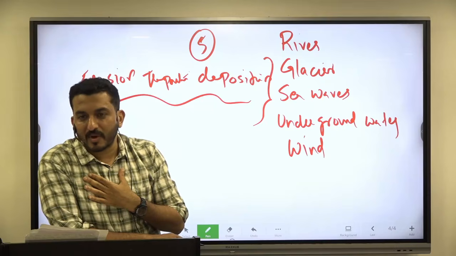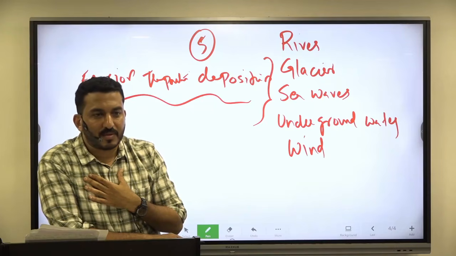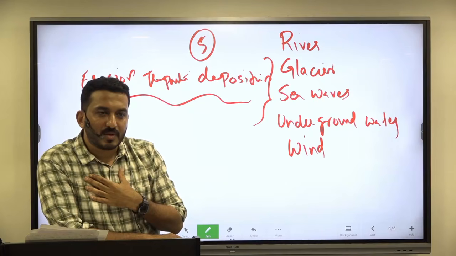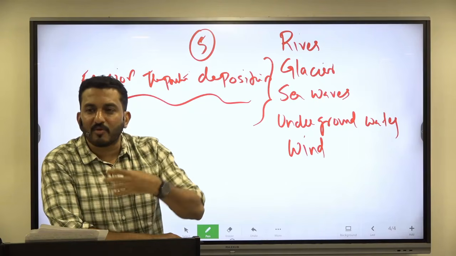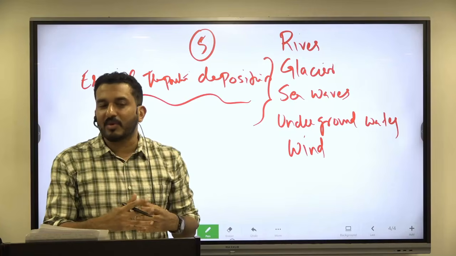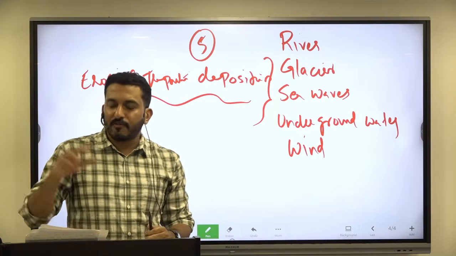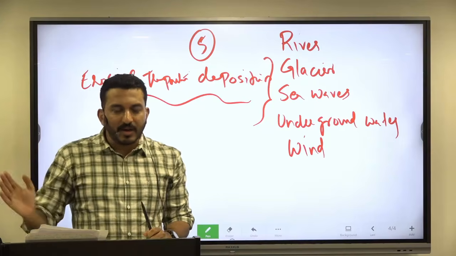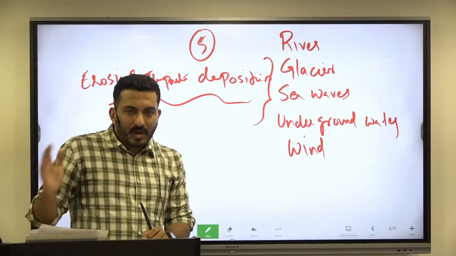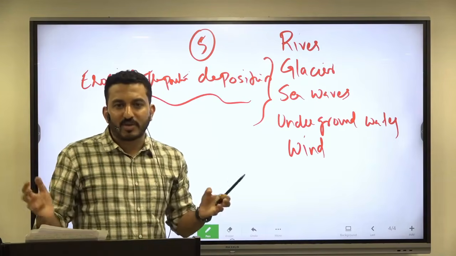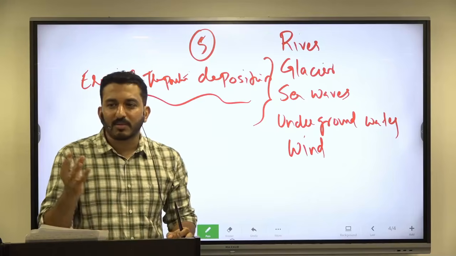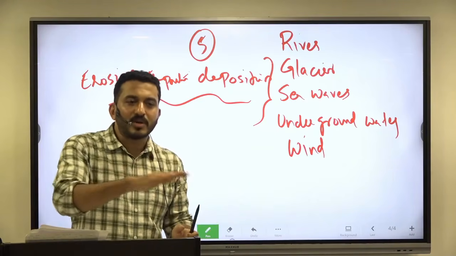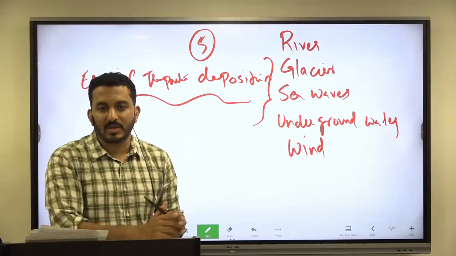My velocity will decrease. If my velocity is decreasing, I won't be able to carry my sediments. I'll first deposit big sediments. I'll continue traveling, carrying whichever sediments I can, maybe some small ones, and on the way I'll be depositing various sediments at various locations.